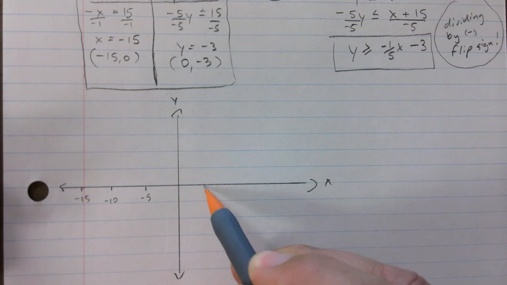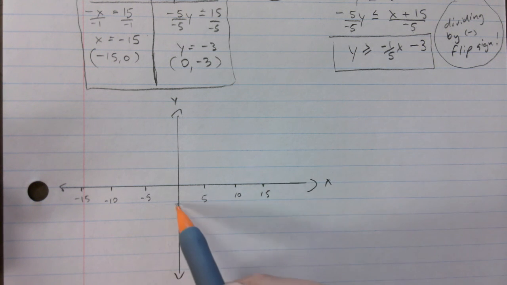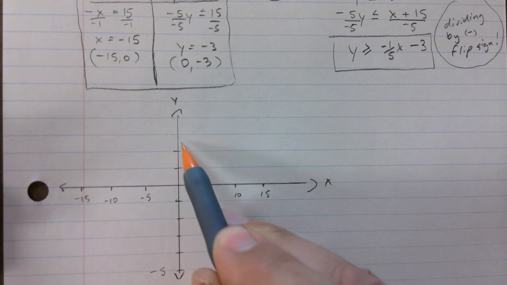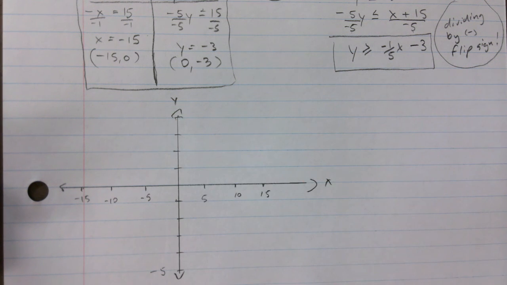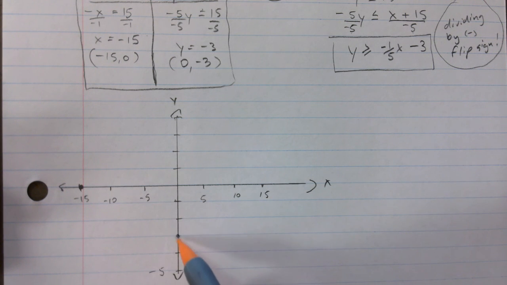As long as you're not spaced out right now. Okay, 5, 10, 15. 1, 2, 3, 4, 5. So I'm just going to go negative 5 here. See that? Some of you might think, wait a minute, how can you go by 1 on your y and by 5s on your x? That's okay. But you cannot change within the axes. Once you pick a scale, you stick with it. So negative 15, 0 is right here. 0, negative 3 is right there.